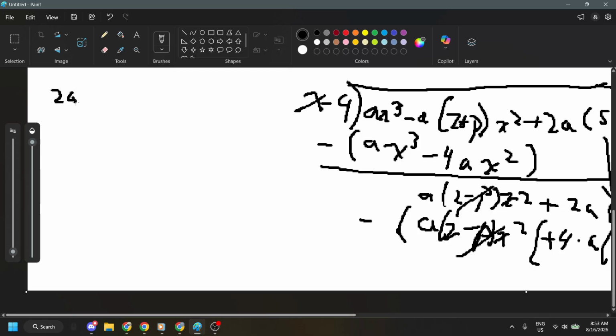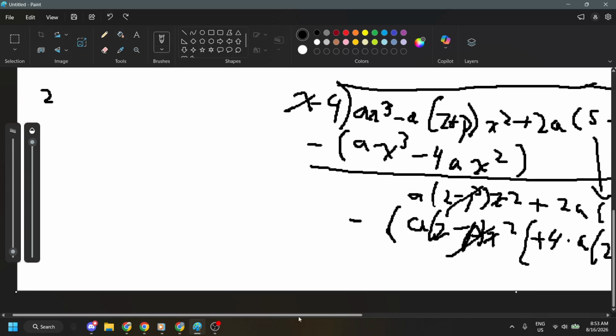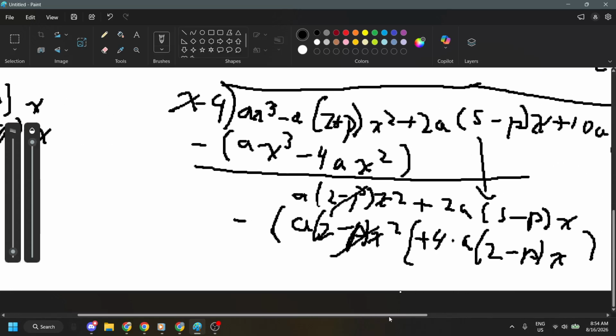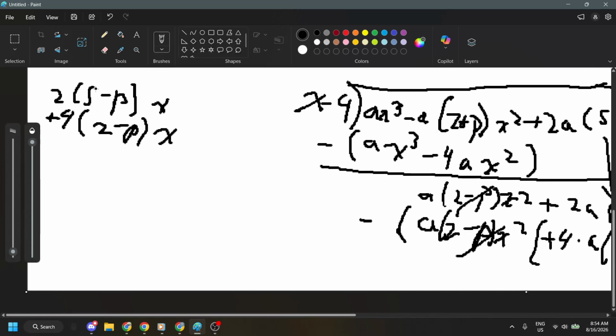So 2a, I'm going to get rid of the a for now because it's not needed. 5 minus px plus 4 times 2 minus px, right? Yep.